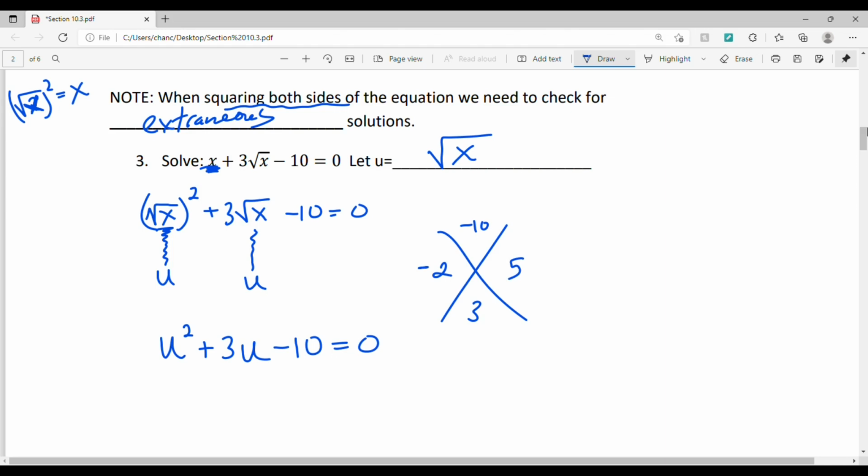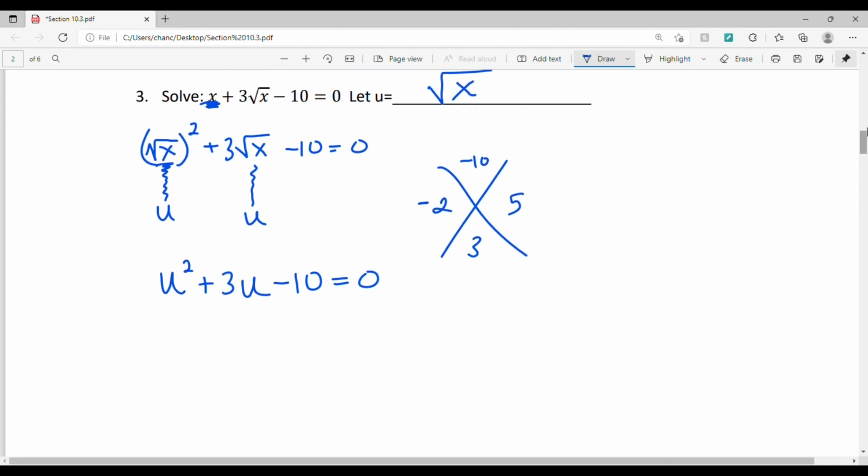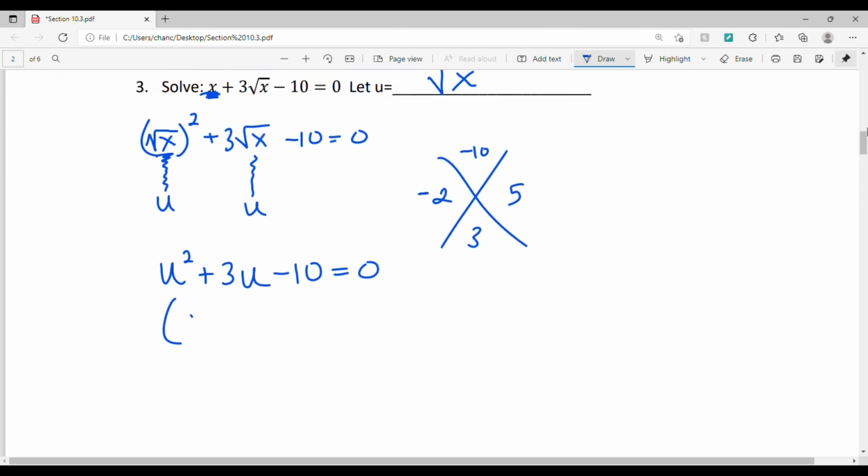Let's say negative 2 and a positive 5. So this factors as u minus 2 times u plus 5 equals 0. And so I could solve for u equals a positive 2, or u equals a negative 5.